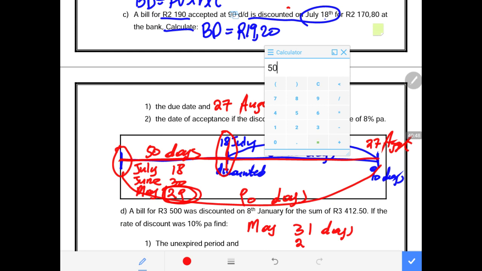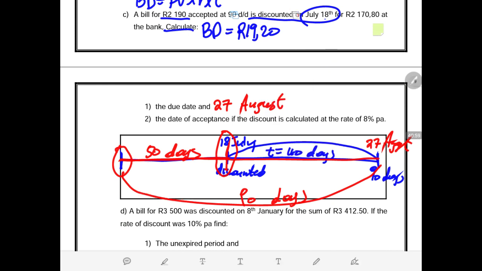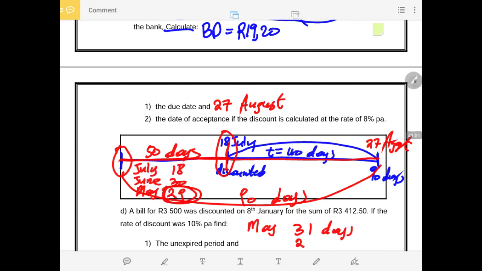We count from the following day. But when we go backwards, we include the date the bill was, in this case, discounted. Guys, I hope I'm making sense on this. I know it's not so easy to grasp.